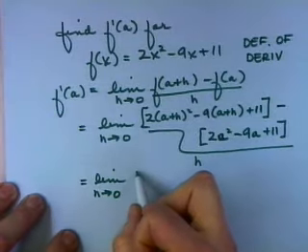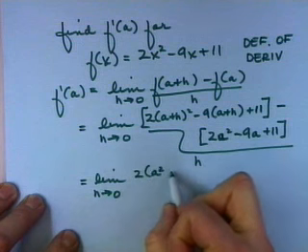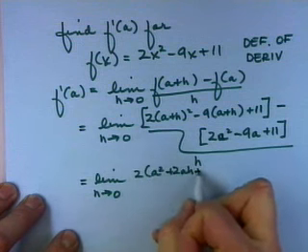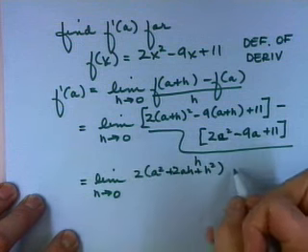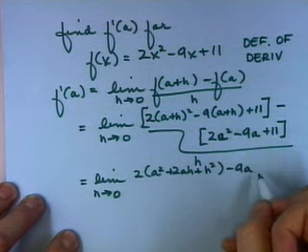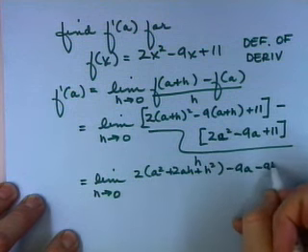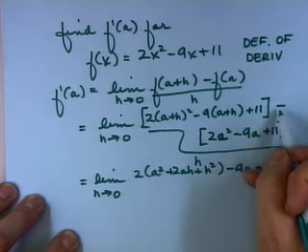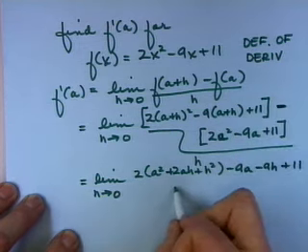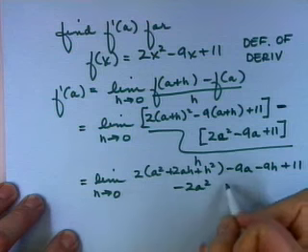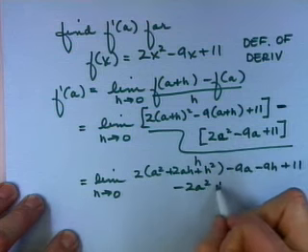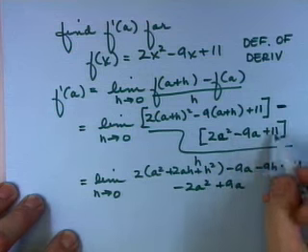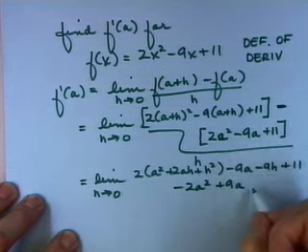So a plus h, the quantity squared, is a squared plus 2ah plus h squared. We got minus 9a minus 9h plus 11. Everything that follows gets subtracted, so we're going to subtract 2a squared. Going to subtract a negative 9a, and we're going to subtract 11.